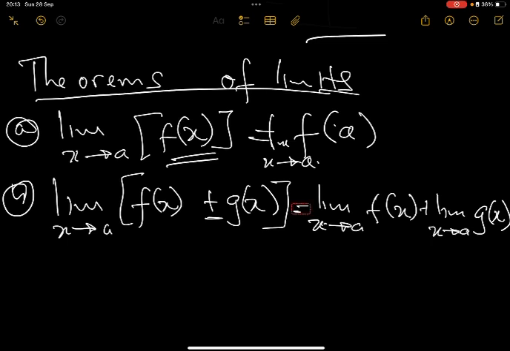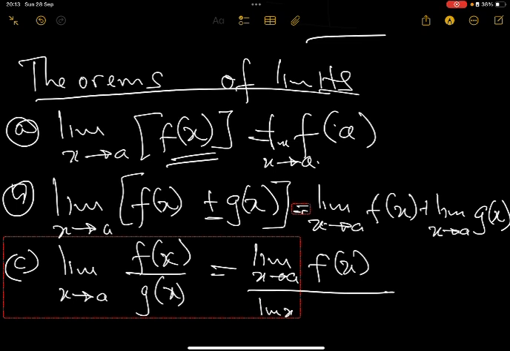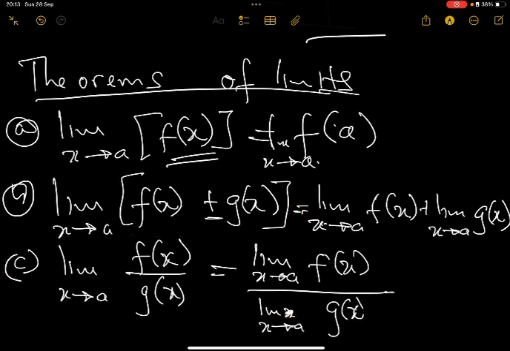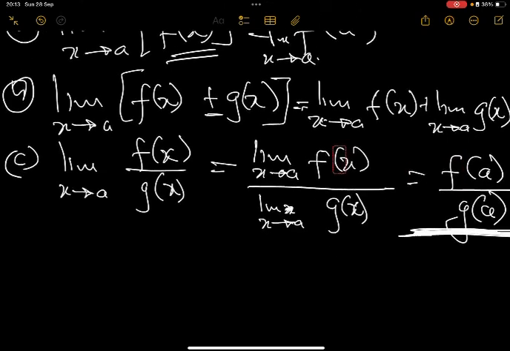Then we have the third, the limit as x approaches a of f of x over g of x, which is the same as the limit as x approaches a of f of x over the limit as x approaches a of g of x, which finally gives us f of a over g of a.